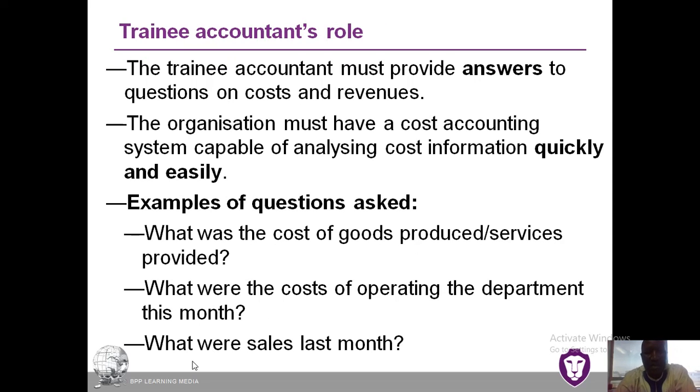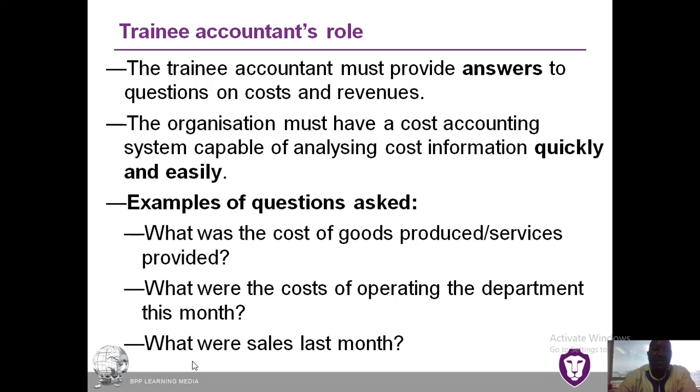What's the role of a trainee accountant? The role of a trainee accountant is to provide information to managers, for managers to make decisions. So a trainee accountant answers questions like, how much are the costs of making a unit of a product, or how much is it costing the organization to run a department, how much are the costs, how much are the revenues gained from this and that.